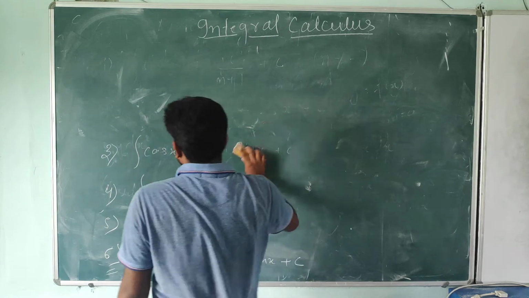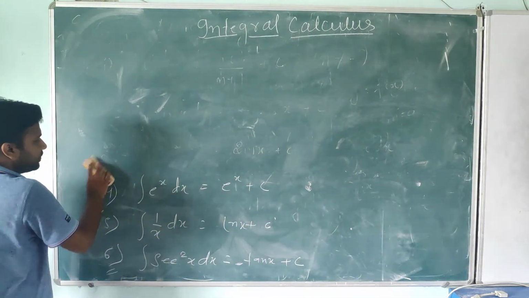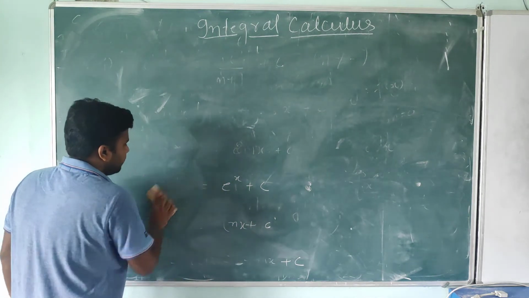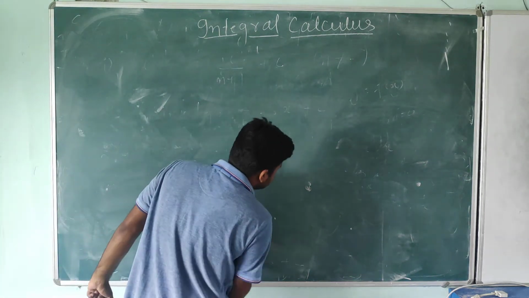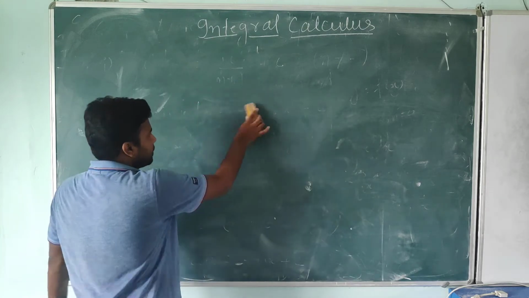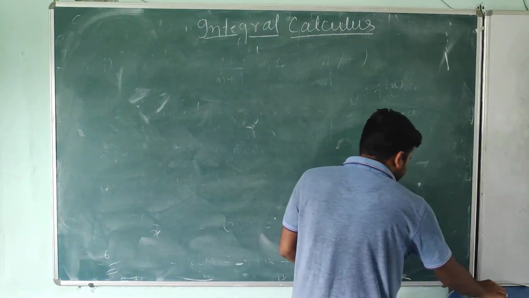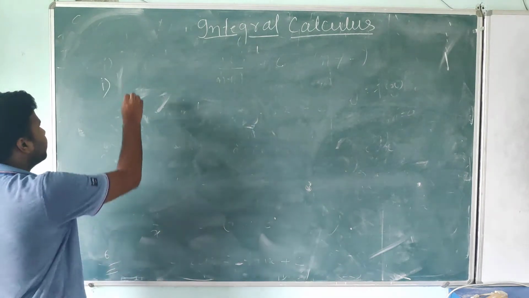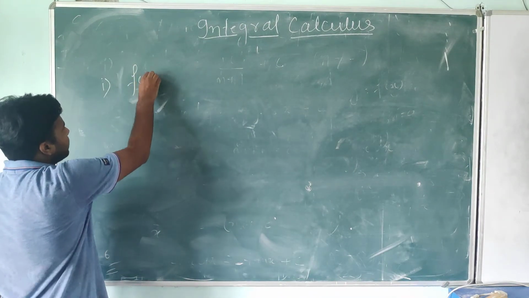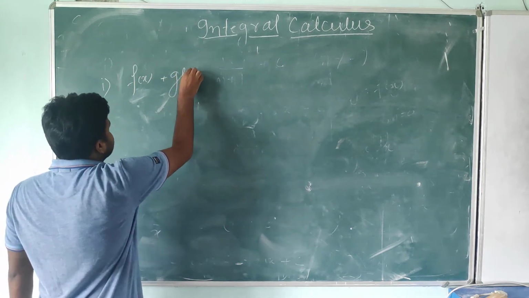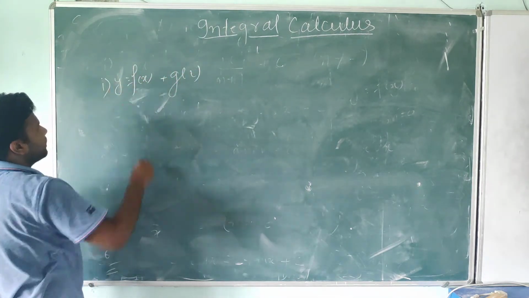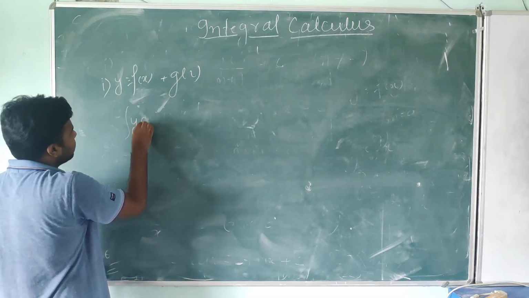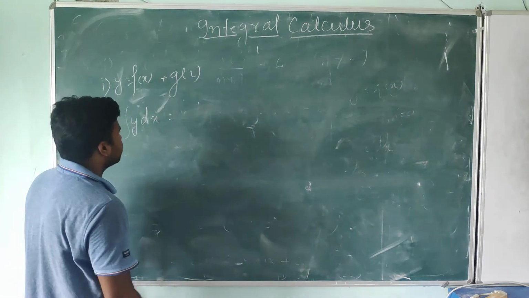Okay, student. So now I am going to solve a few examples. Before starting the examples, we'll learn a few rules. The first rule: if we have a function y equal to f of x plus g of x, and you are integrating y dx, what will you get, student?